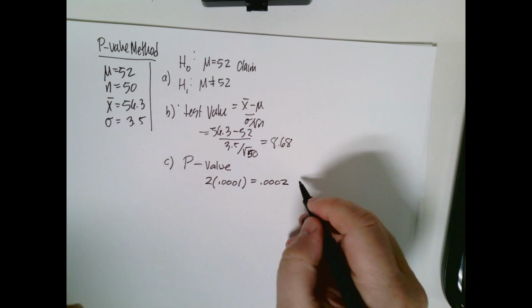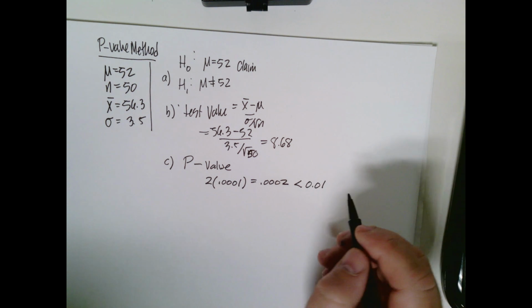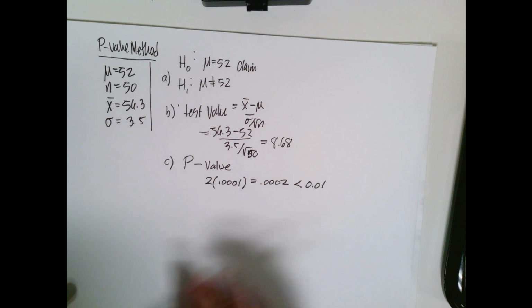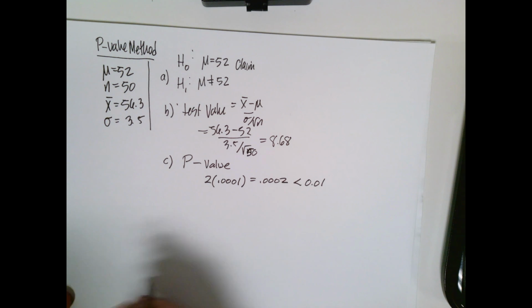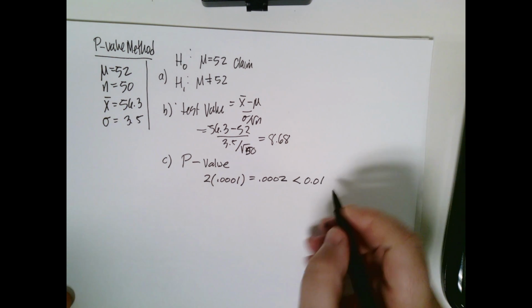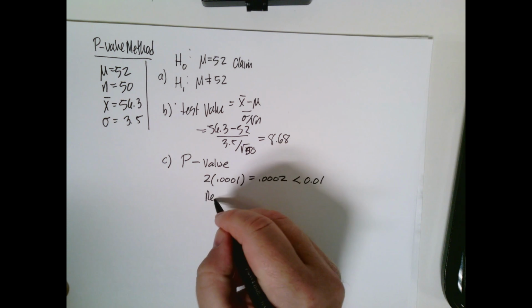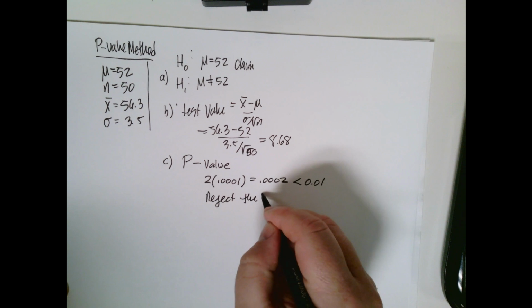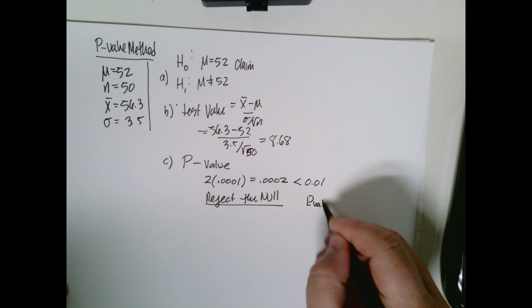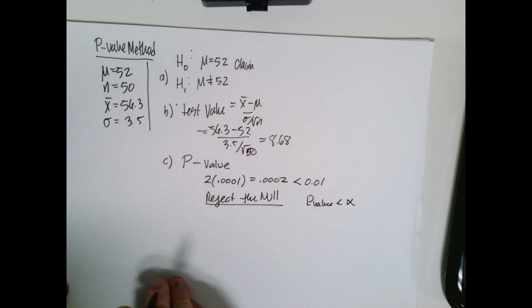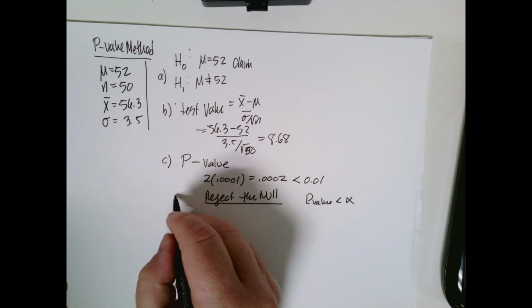Now this thing is way less than 0.01, so that means that even for an alpha of 0.01, 0.05, anything, we're going to reject the null. You reject the null if the p-value is less than alpha. And if it's a two-tailed test, you have to double it. Okay, so that's our D.